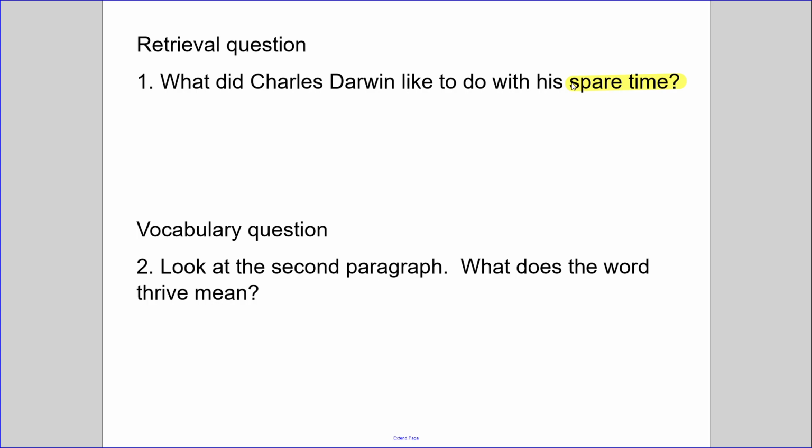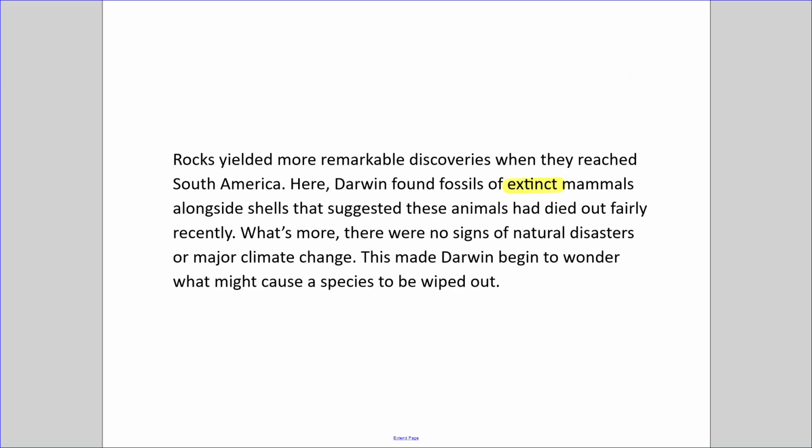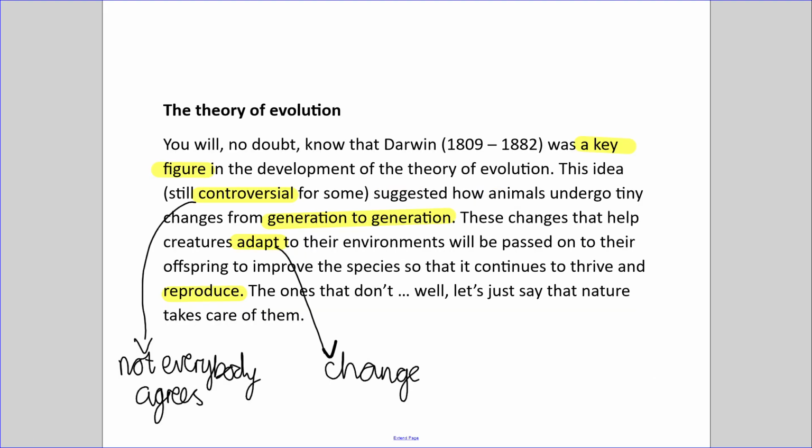So what I'm going to do now is look back and go to the paragraph which I think is most likely to be about what he does with his spare time. I think it's going to be quite near the start of the text, because the last part was all about when he was on the ship, when he didn't really have much time. So I'm going to go back to the start.